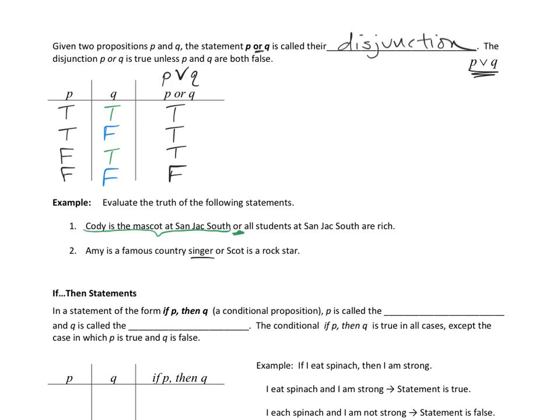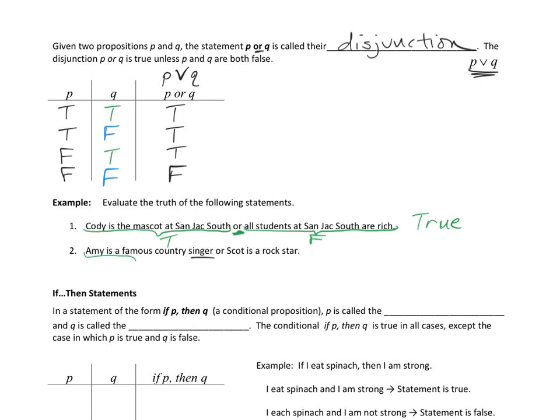Now we know from the last page that the first is true, and we know the second is false. So the first proposition is true, the second proposition is false. The only way an OR statement will be false is if they're both false. So we have one true, they're not both false, so that means this entire statement is true.